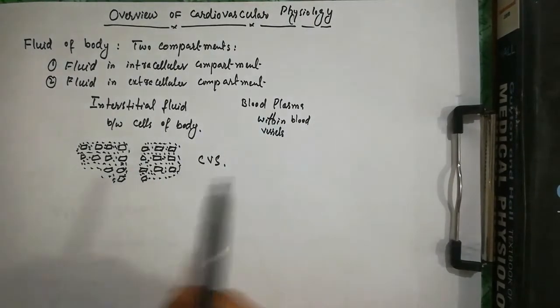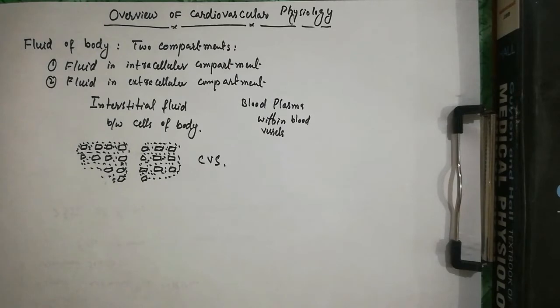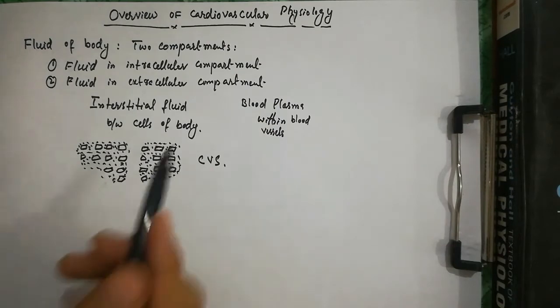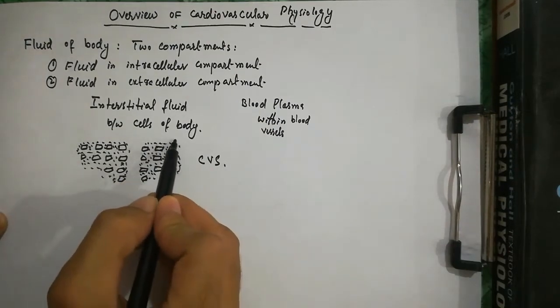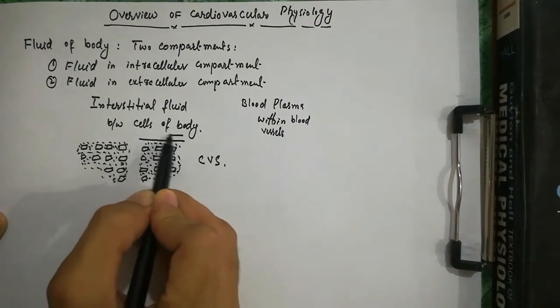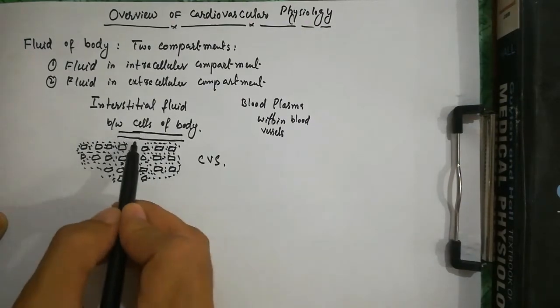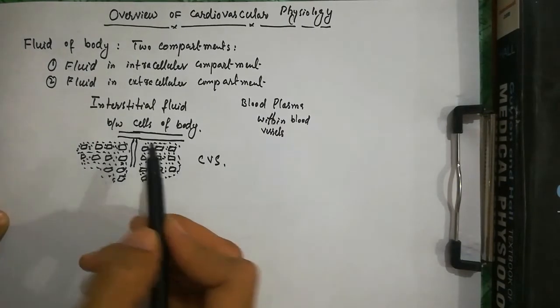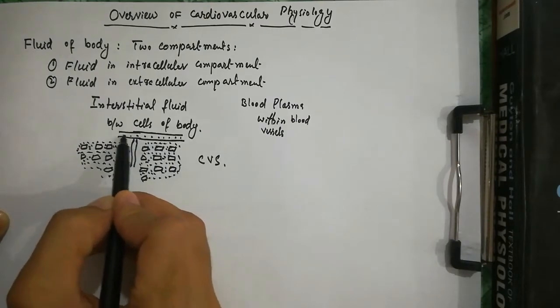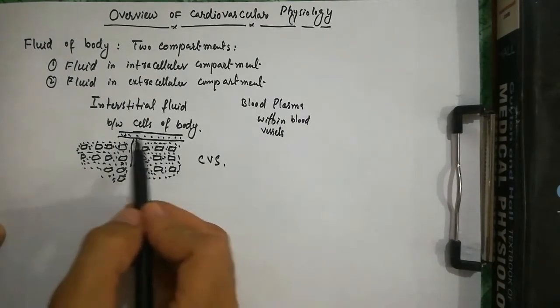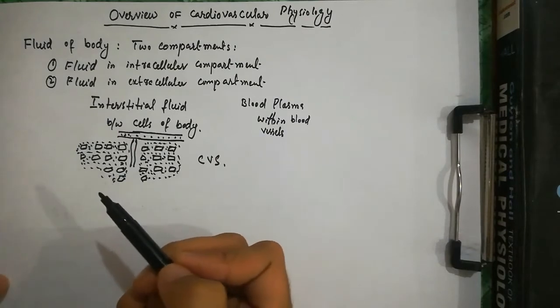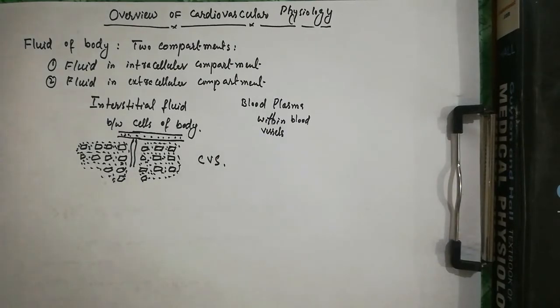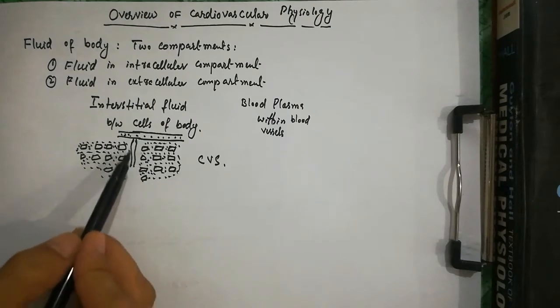The blood plasma is pumped around every tissue of the body. When plasma moves between tissues and capillaries, see here, this is a blood vessel, and suppose this is a capillary, this is plasma fluid in the blood vessel and capillary.